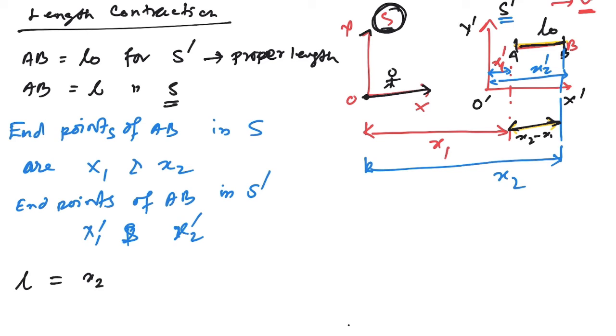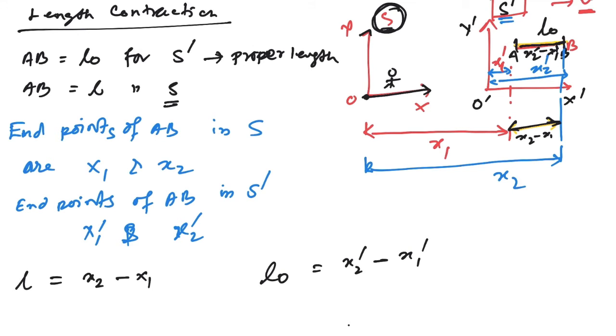And L naught, according to the observer in the frame of reference S dash, he will measure the length as x2 dash minus x1 dash. So hope you have understood this.